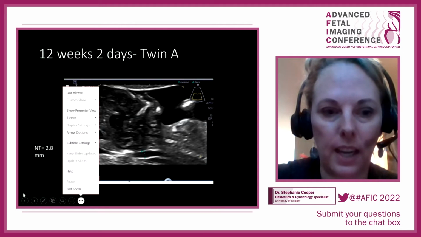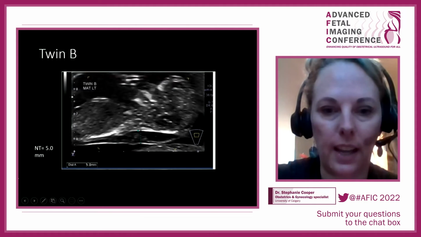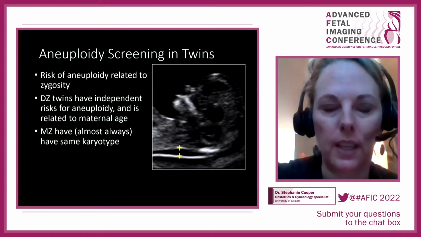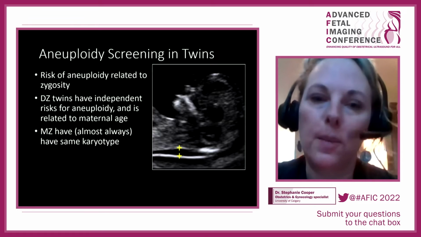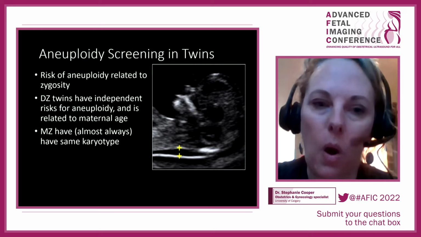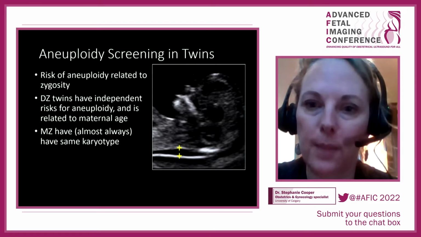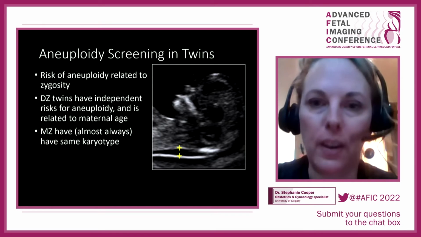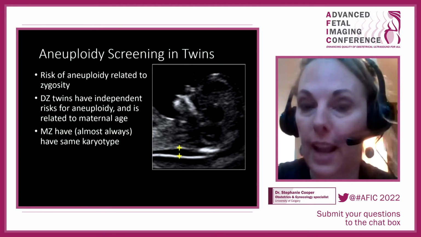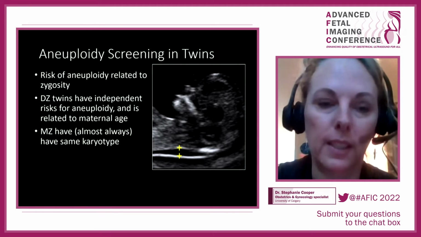And the second baby had, and again, technically difficult, a nuchal of 5 millimeters. So quite discordant. So for aneuploidy screening, because monochorionic twins are always identical twins, they should have the same genetics and the same DNA. Therefore, they have the same risk of Down syndrome, of aneuploidy, so the trisomies.